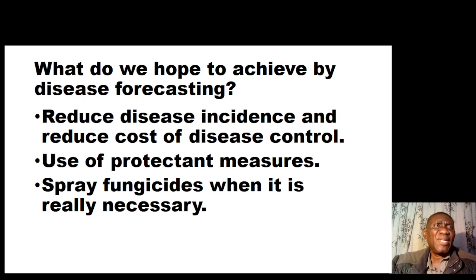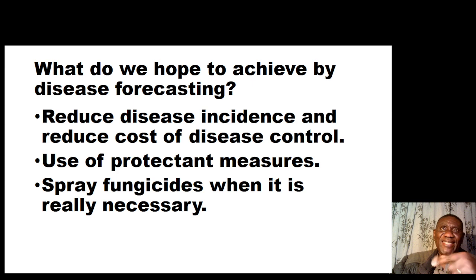So what do we hope to achieve by disease forecasting? We want to reduce the incidence and reduce the cost of disease control, because we will be better prepared. If we know that the disease is coming, then we can prepare for it.